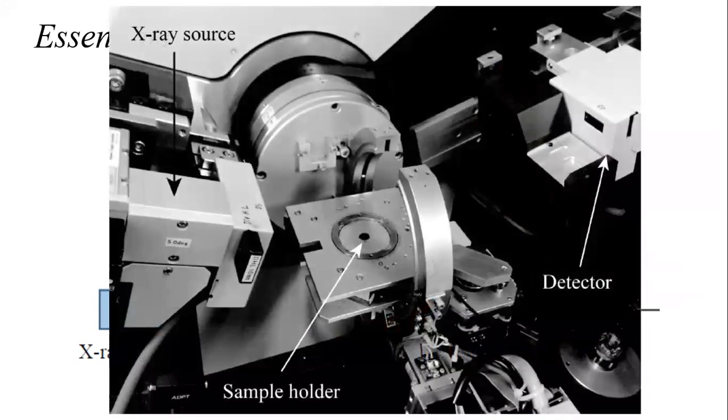And we can see here the very important thing is the same three things that I just showed you. The X-ray source, here it is. The sample holder, in here you put your specimen, and the detector that is going to be moving with the angles, okay?